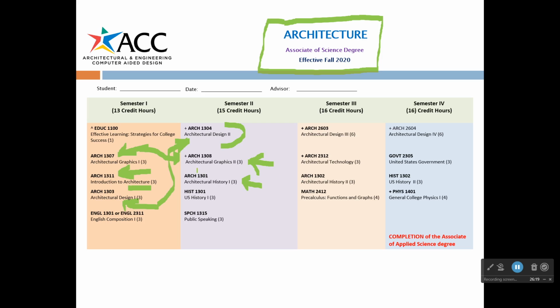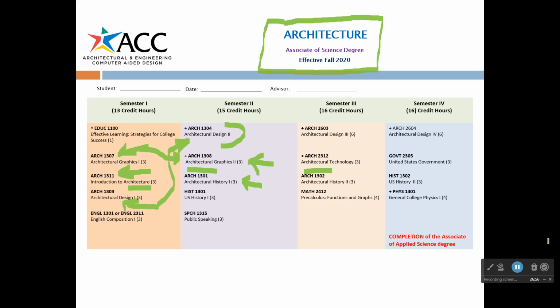You think, how could you take Arch 1302 before Arch 1301? Well, Architectural History 1301 covers a time period, and Architectural History 1302 covers a more recent time period of architecture. So you don't have to know about recent architecture before you take the older architectural studies. They each cover two different periods of time in architectural history.